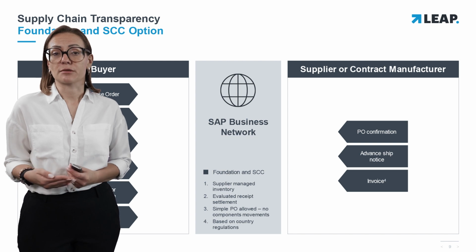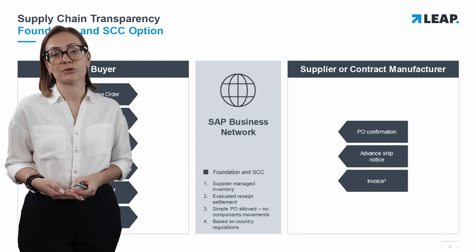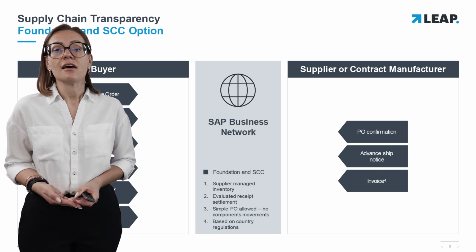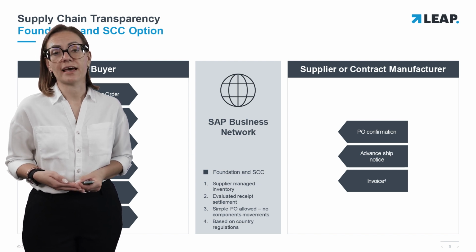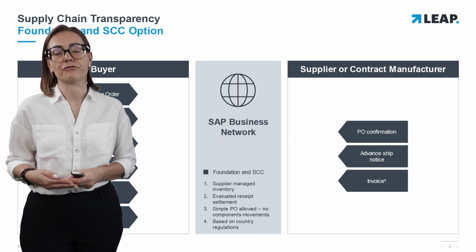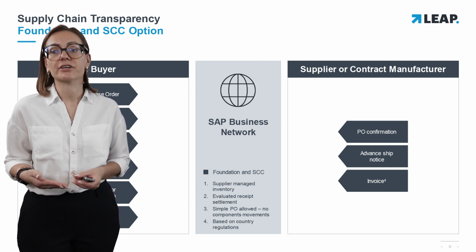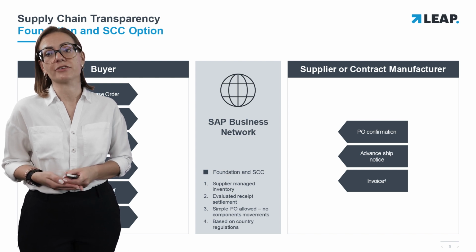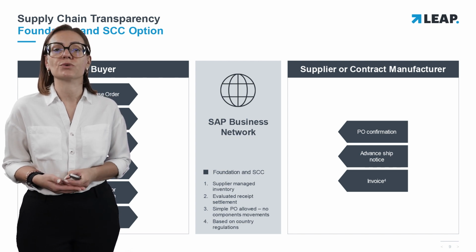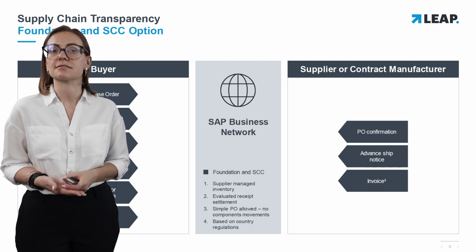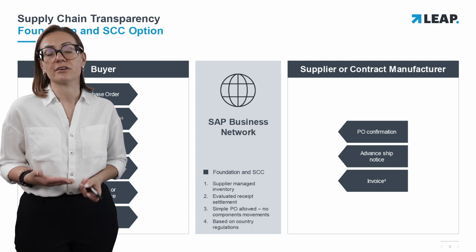In this case, the supplier or contract manufacturer can reply to you via Business Network with the purchase order confirmation. This process goes very smoothly and can go further into the payment process, because the buyer can choose from either the self-billing invoice process or the full payment process, which also goes through SAP Business Network and shows up on the contractor, manufacturer or supplier side.